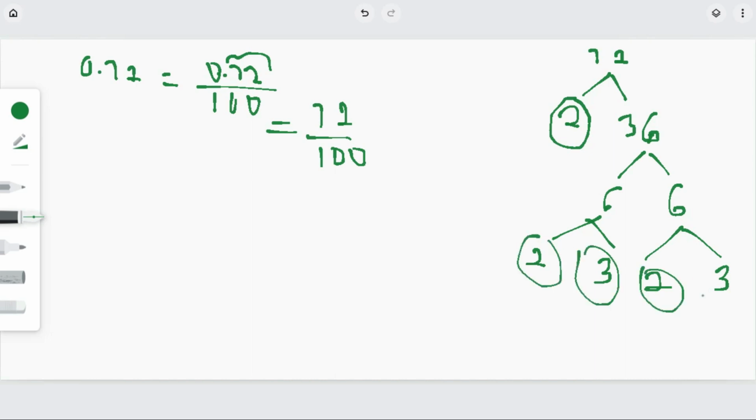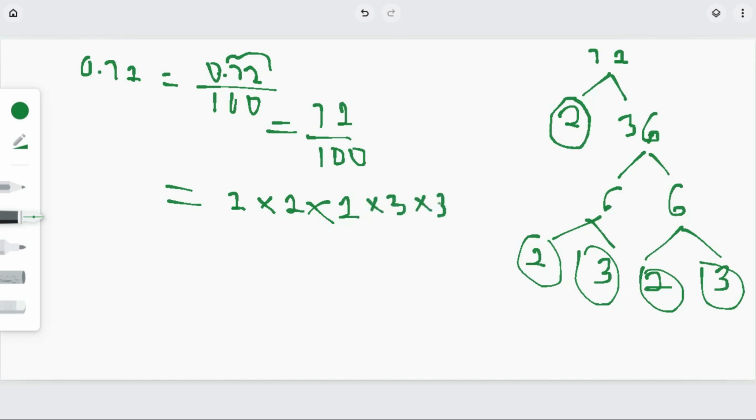So that's the prime number. So the prime factor of 72 will now be 2 times 2 times 3 times 2 times 3 times 3.